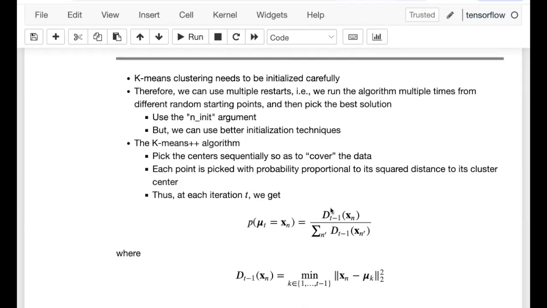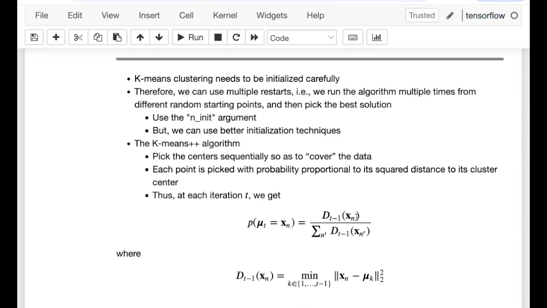Obviously, if the numerator is high, meaning that this data point xn is far from existing cluster centers, that might actually be a good choice to put a cluster center, because it means that now we can try to see if we have any cluster there. And if this d t minus 1 is close to 0, it means that we're already very close to an existing cluster center.